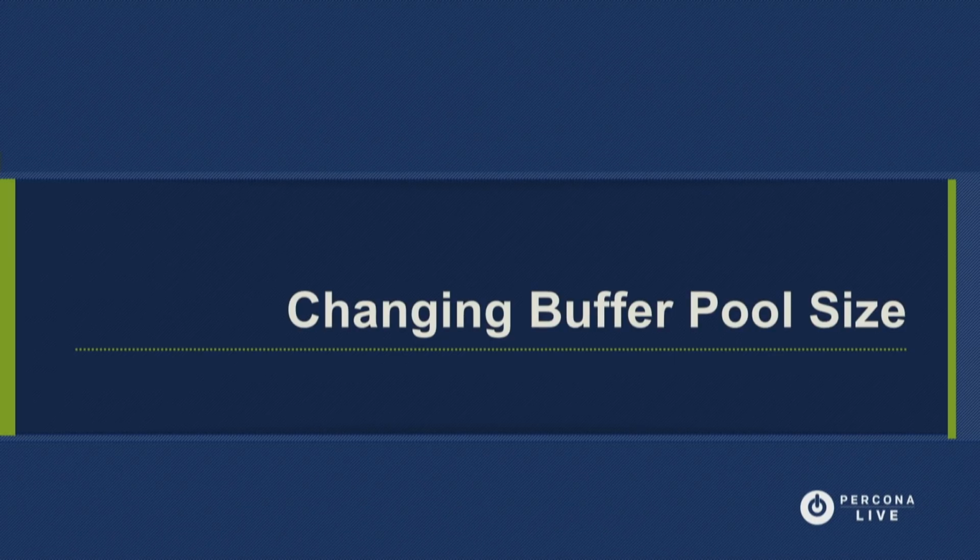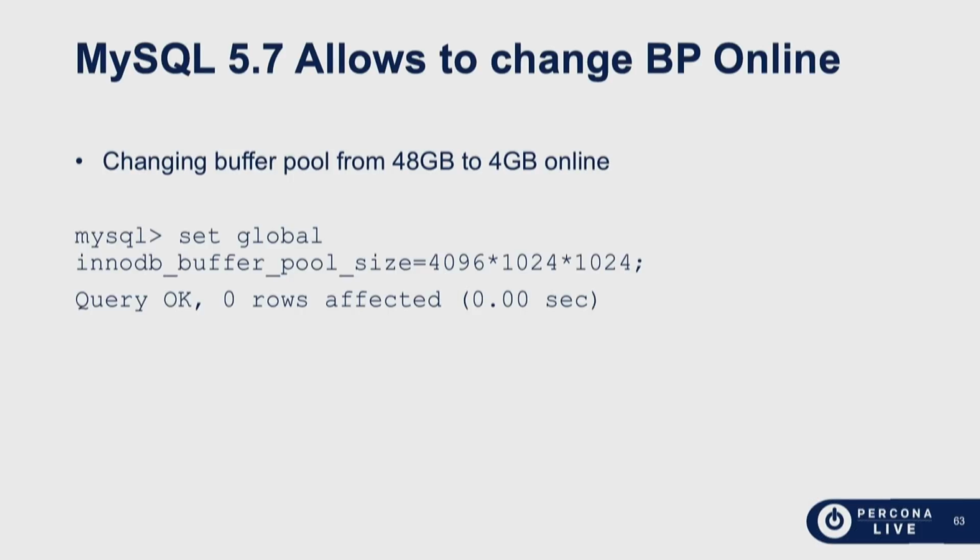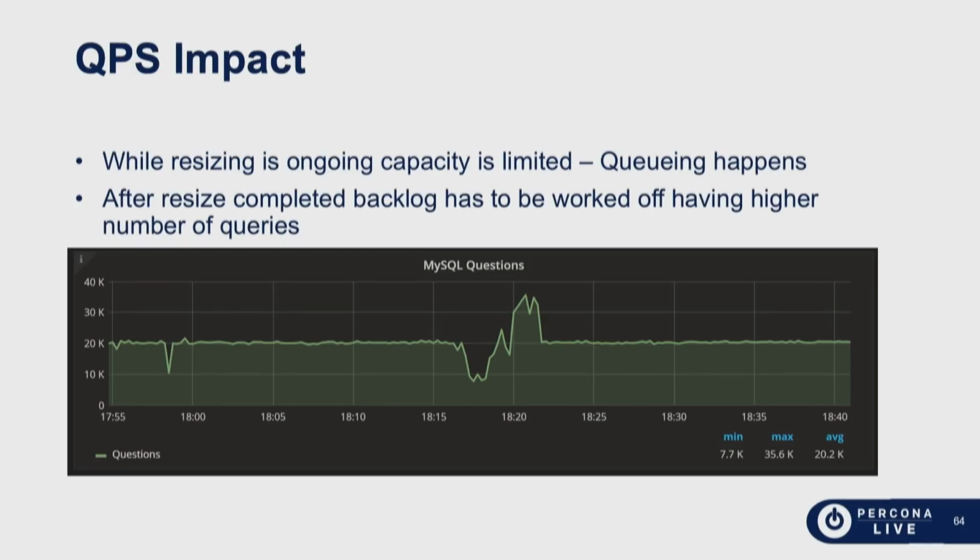Now, another example. MySQL 5.7 allows us to change the buffer pool size. And let's do that. Let's change from 48 gigabytes to 4 gigabytes, right, at a time. Do it online and see how that's going to impact our workload. First, we can see that the number of queries, QPS, dropped, and then it spiked. This is because this workload, if it cannot keep up, queues the data, right?